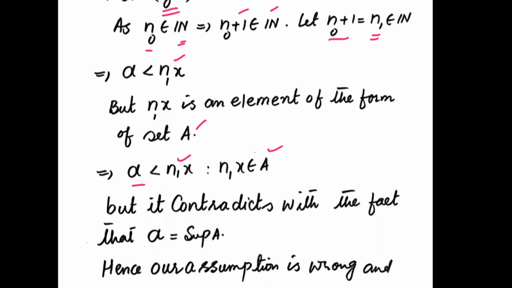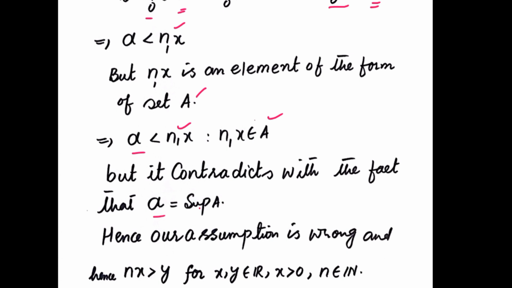But this contradicts the fact that alpha is the supremum of A. Hence our assumption is wrong, because the definition of supremum says that if alpha is the supremum of A, then it should always be greater than or equal to every element of set A. But here we have found some element n1 x of A for which alpha is less than that element.